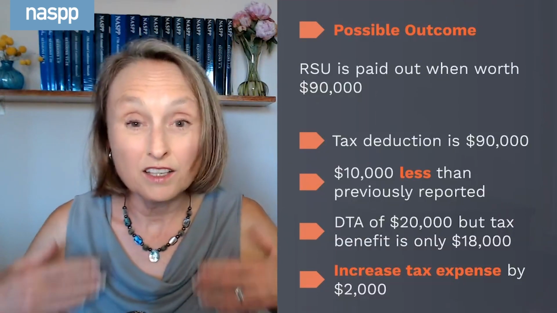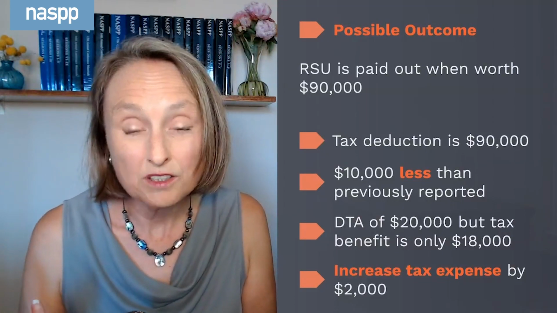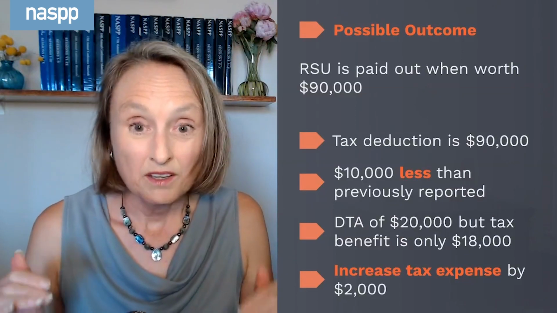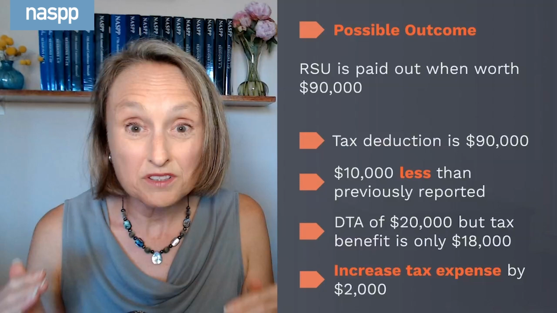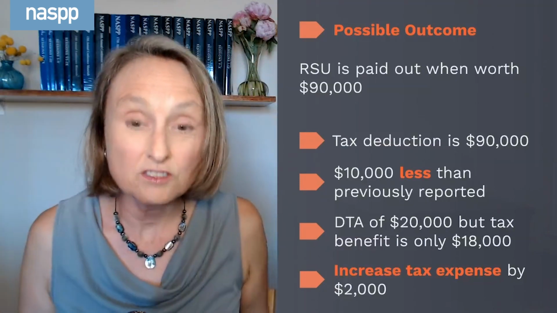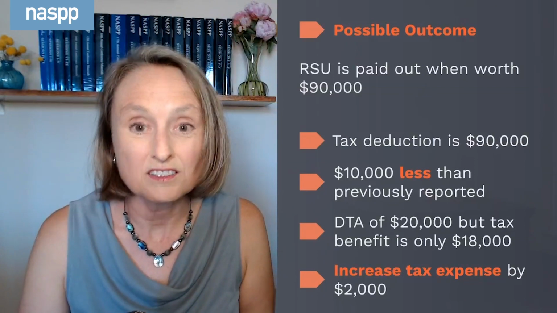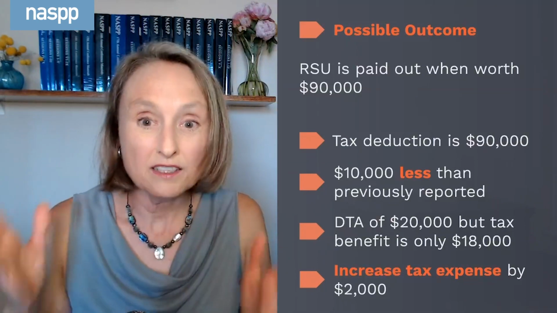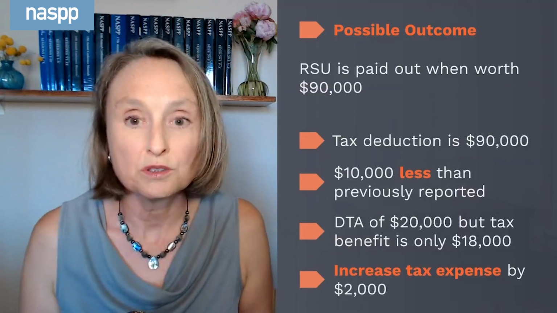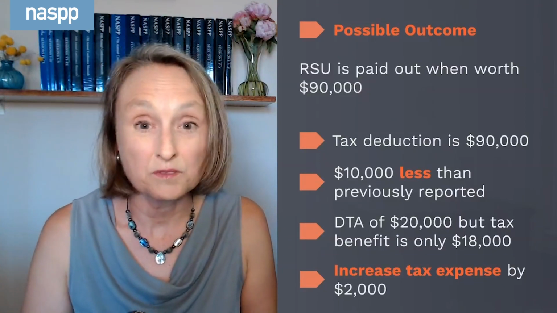That means that in the period that the RSU is paid out, we are not going to reduce tax expense even further. In fact, we're going to do the opposite. We're going to increase tax expense. We're going to report that we paid an additional $2,000 of taxes in this period to reconcile the shortfall that we've experienced with what we told shareholders we were going to get as a tax benefit for the RSU.